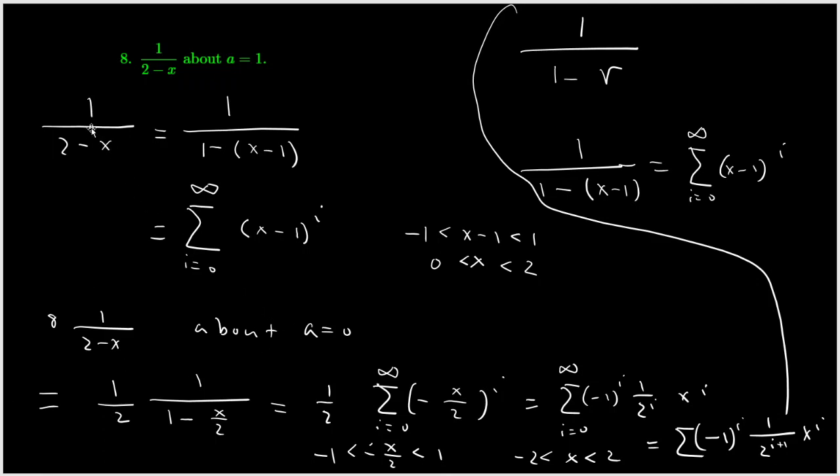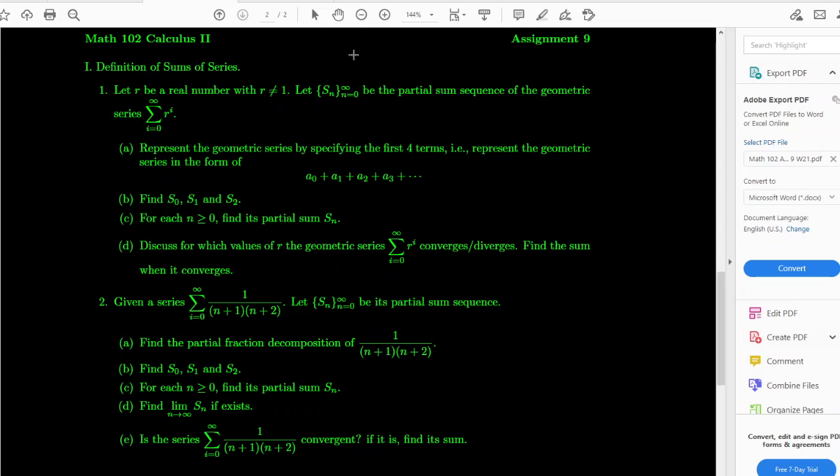So basically, for the same function, if I want you to represent it as a power series about 1, the answer is different from representing it as a power series about 0. I hope I made my point. That's for question 8. Okay. All right. Any questions?